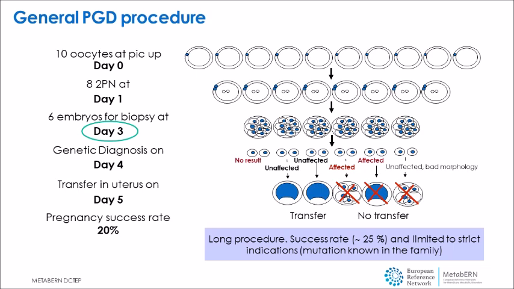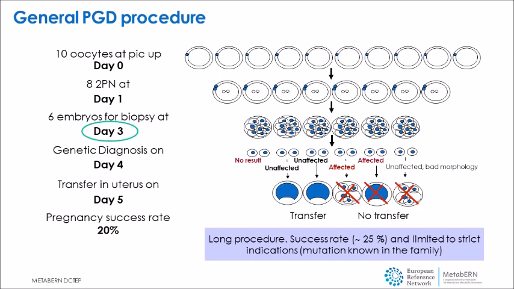PGD is a long procedure. That's why the success rate is estimated to be between 20–25% and is limited to strict indications where the mutation is known in the family. In our example, of the 10 oocytes at pickup on D0, at D1 there are 2 lost eggs after fertilization, and on day 3, 6 embryos are available for biopsy.